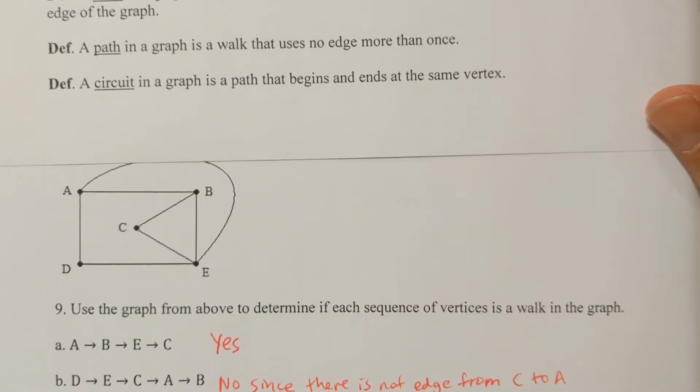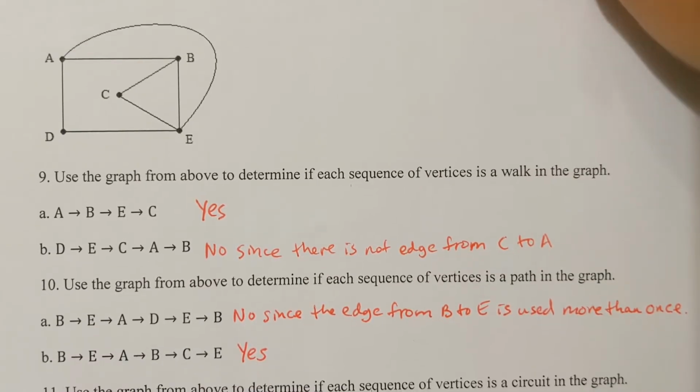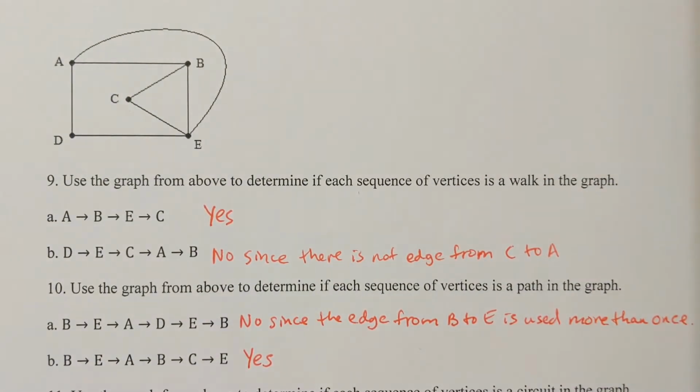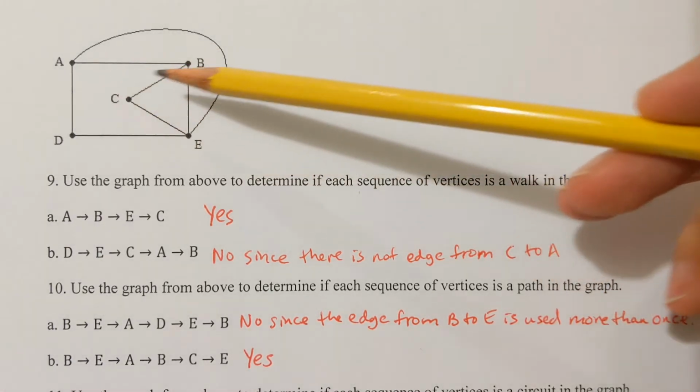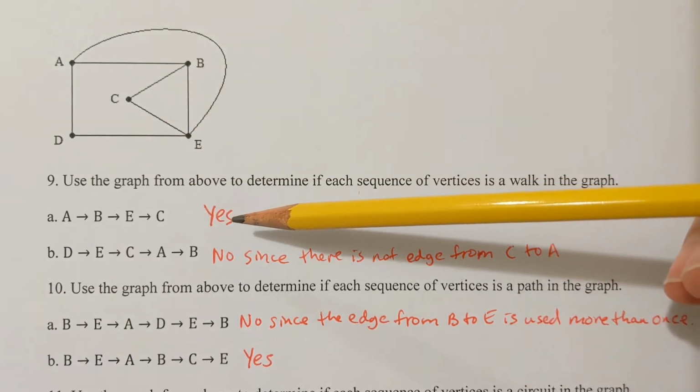Problem 9, use the graph from above to determine if each sequence of vertices is a walk in the graph. Now a walk is a sequence of vertices each linked to the next vertex by a specified edge of the graph. So if I go A to B to E to C, yeah, that'd be an example of a walk.